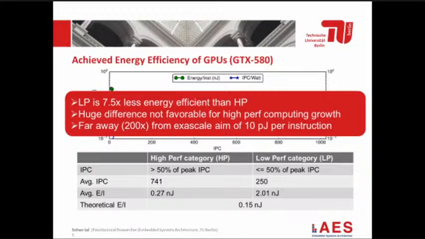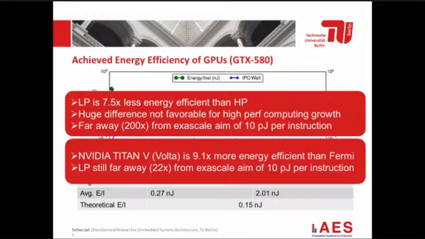Not all of you might be familiar with GPUs. The next obvious question that comes to your mind is, wow, this GTX 580 is almost 10 years old now, quite an old architecture. How do these numbers look on one of the latest GPUs from NVIDIA? The NVIDIA Titan V, which is also known as the Volta architecture, is one of the latest GPUs from NVIDIA and is 9.1 times more energy efficient than Fermi, our GTX 580.